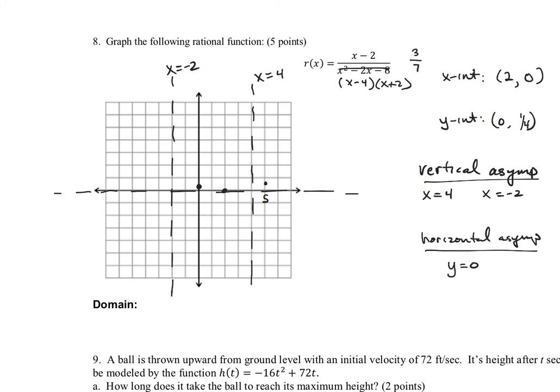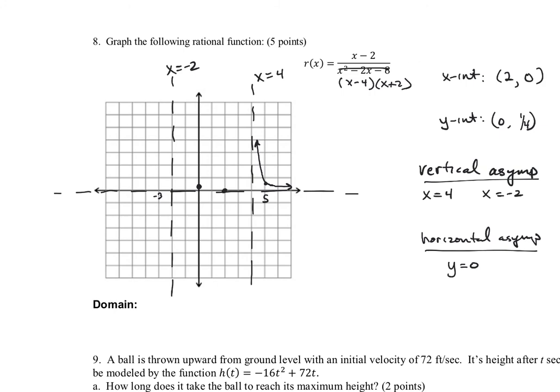So just the location of that one single point is enough to know that that piece of the graph is up there above the horizontal asymptote. Now I'm going to go over here to the left and do the same thing. I'm going to plot a point to see whether the graph is up here or down here. So I'm going to plot when x equals -3.